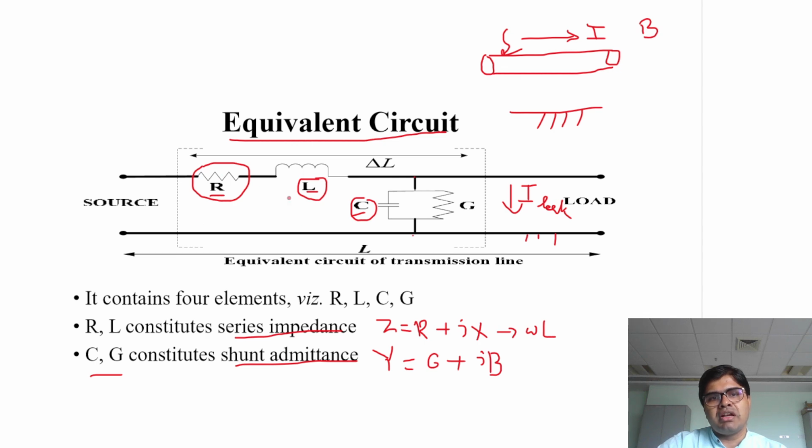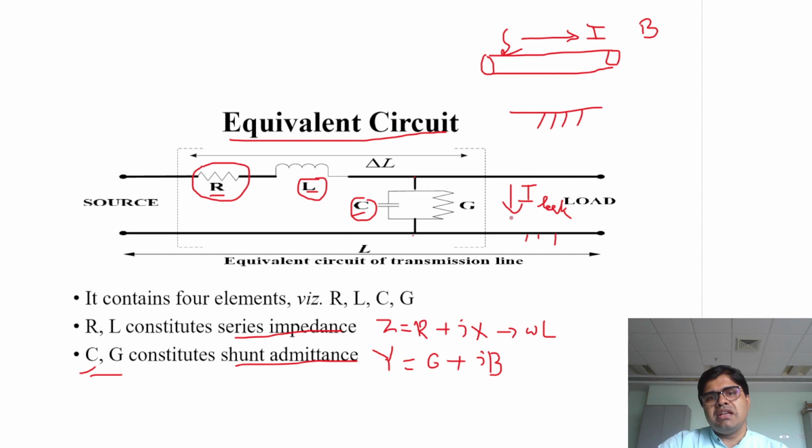These two will act as a series element, which is Z equal to R plus jX. And we have a capacitance formed between the conducting material and the ground, with air in between acting as a dielectric. So this C and G is in order to simulate the leakage current effect. Together they constitute shunt admittance, which is G plus jB.